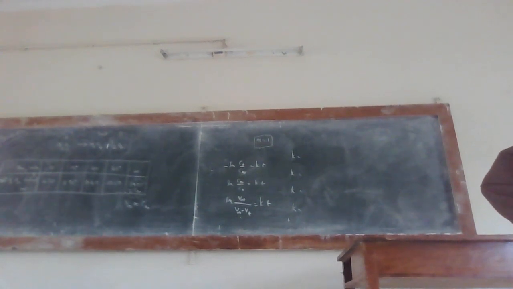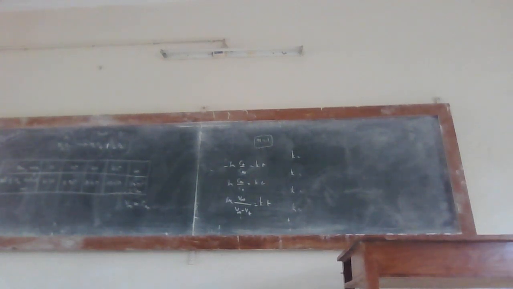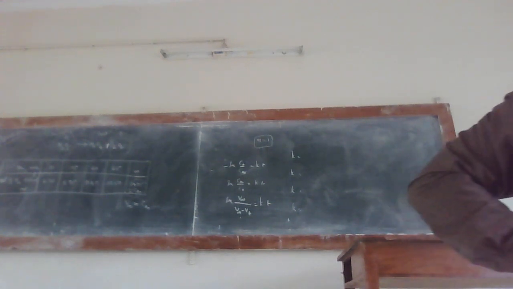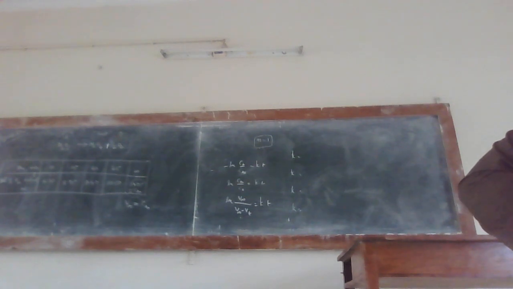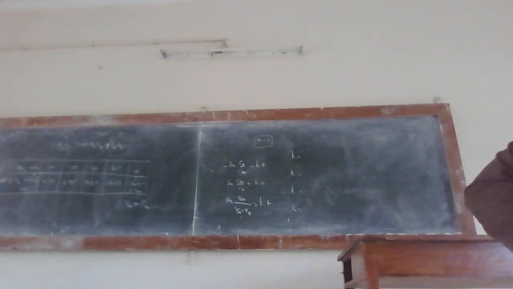Now calculate the second one, second K. It's almost 0.02. Check for other K values. Check for the fourth K value.